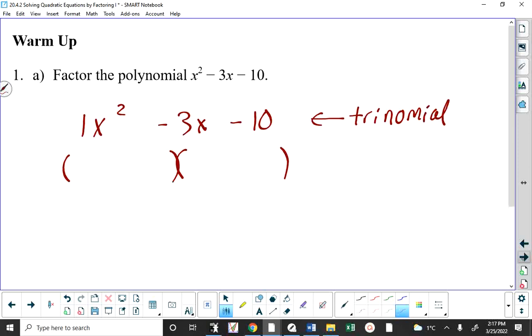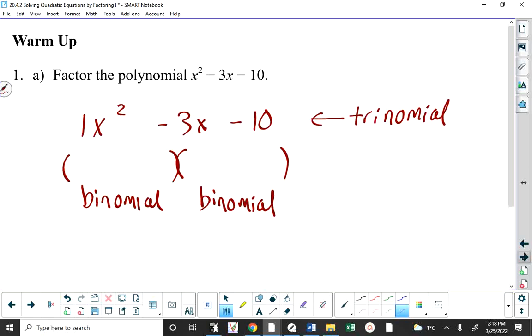And these are going to be binomials. And the idea is that when you multiply these two binomials together, you have to get this trinomial.